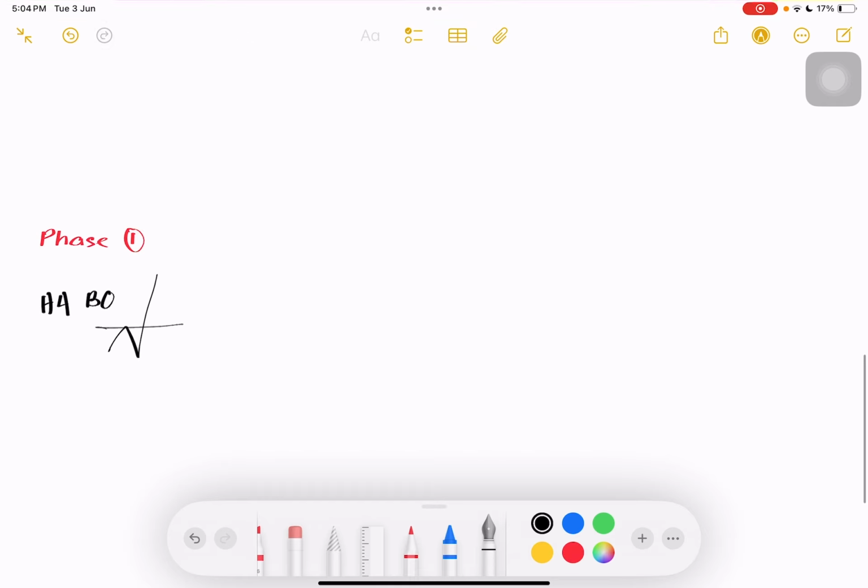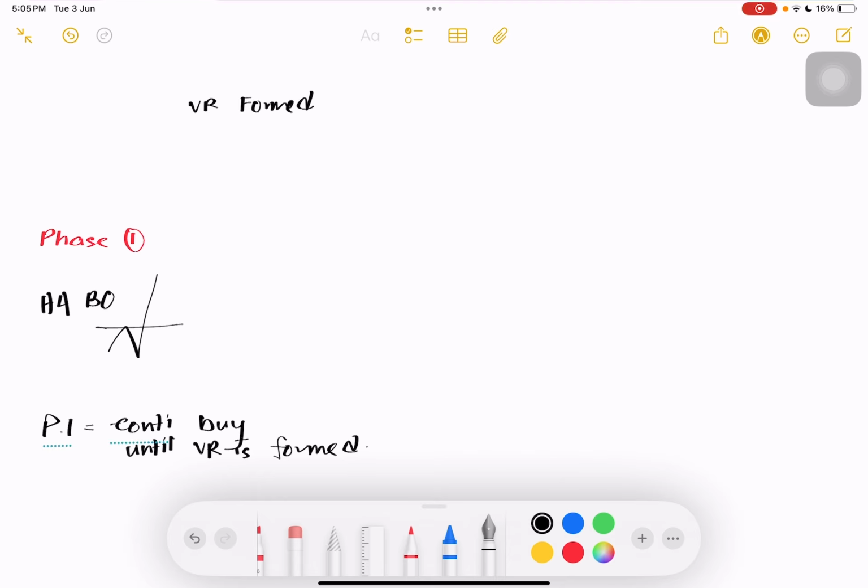Let's say we want to entry buy. We can continue buy at phase 1 until VR is formed.